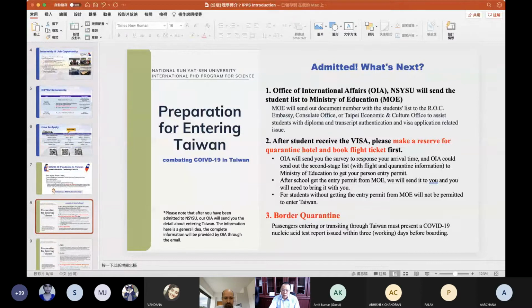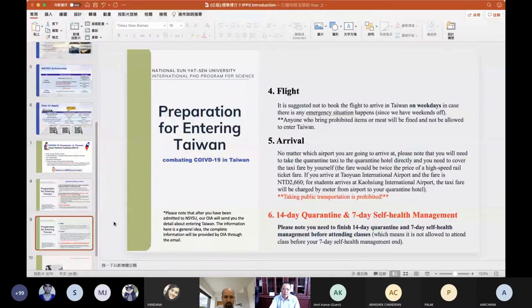So about border quarantine, you need to submit the nucleic acid test report issued within 3 working days before you board the flight. So after you arrive, you need to take a taxi. So you cannot take public transportation.